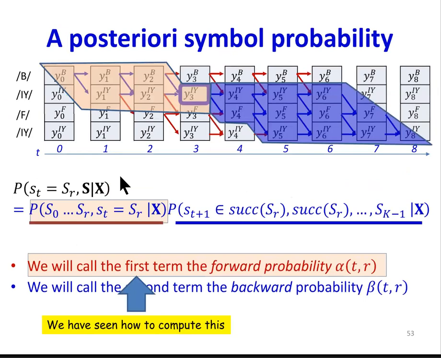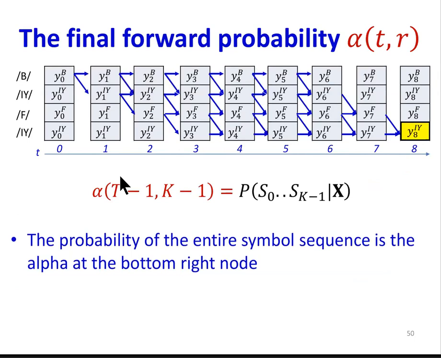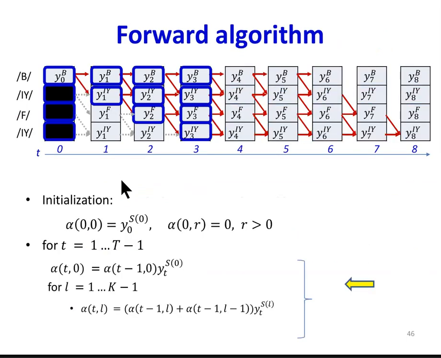Professor, can you go back to the slide? So why are we considering the nodes that are not part of the path? For example, Y7B is not part of the path, so why were you considering it? So here's what happens.